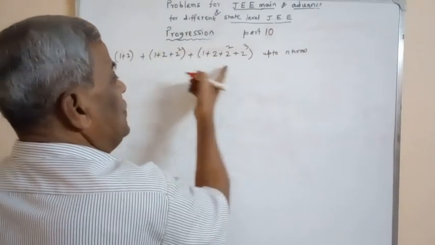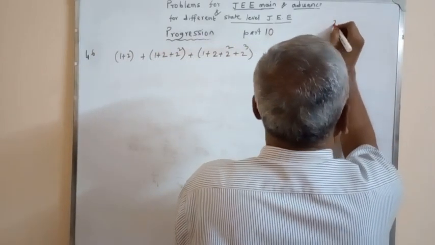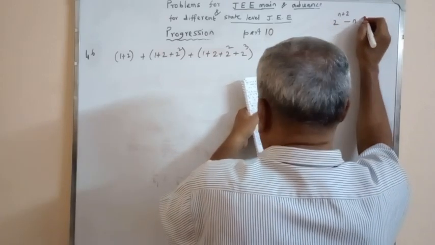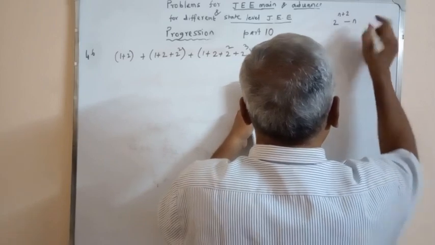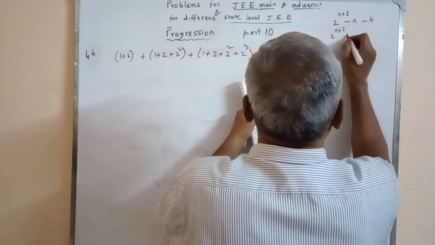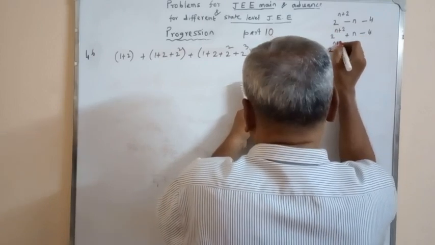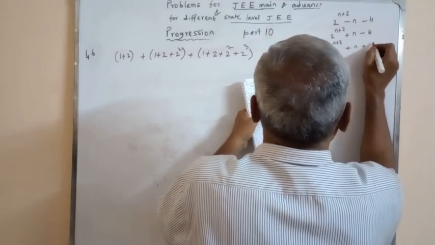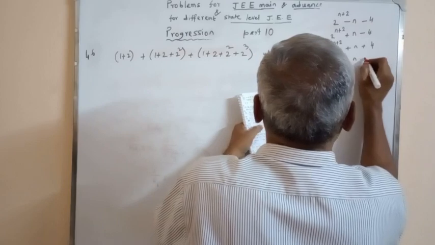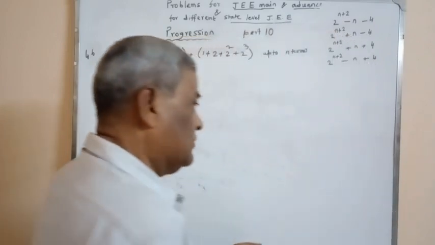Sum of this series up to n terms. Options: 2 to the power n plus 2 minus n minus 4. 2 to the power n plus 2 plus n minus 4. 2 to the power n plus 2 plus n plus 4. 2 to the power n plus 2 minus n plus 4. These are the options.